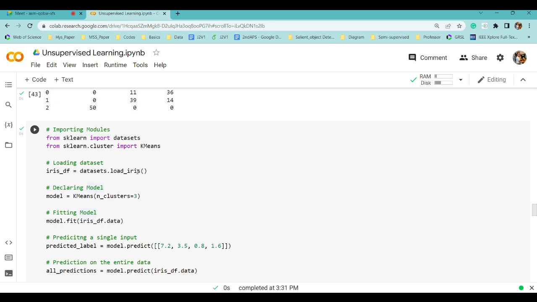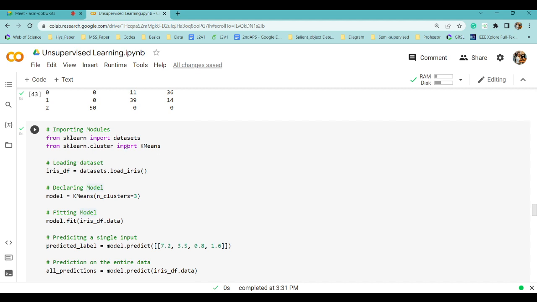I showed you step by step, but this is just one cell containing everything, so you don't need to do it step by step. That is why I've written how in one cell itself you can write 6 or 7 lines of code and do the fitting as well as the prediction.